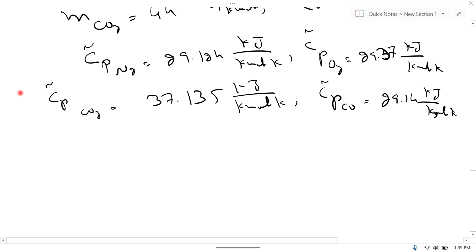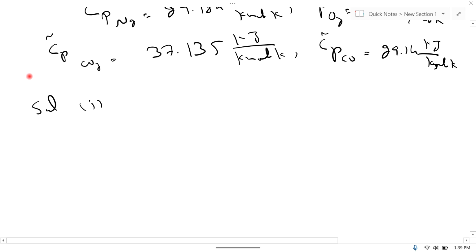Now we will start the solution. In the solution, first we find solution number 1, find molar mass. So the formula for molar mass in the book is summation of mole fraction multiplied by m dash i. There are 4 constituents: nitrogen, oxygen, carbon dioxide and carbon monoxide.